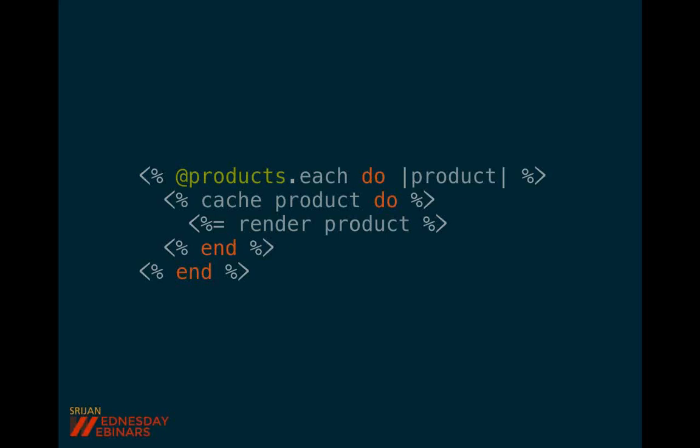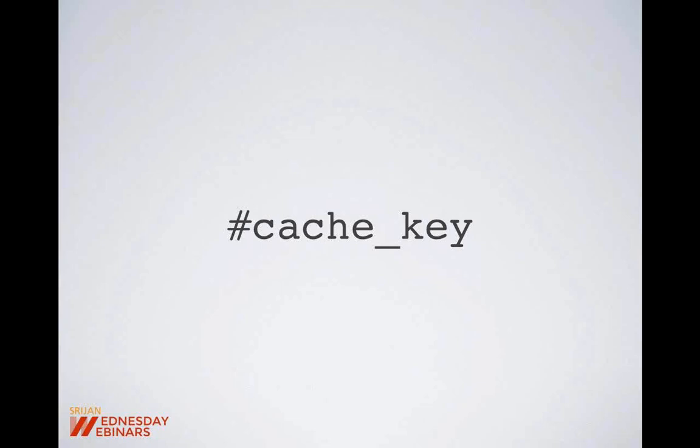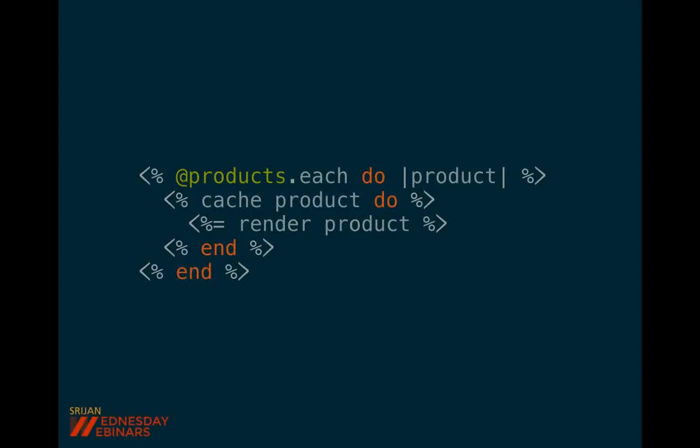And what that does is it calls the cache key method of whatever thing. So cache can take a string, I think it can take an array, or it can take an object that responds to cache key. ActiveRecord models respond to cache key giving, I think, their ID, probably their class name, and then the updated_at timestamp.